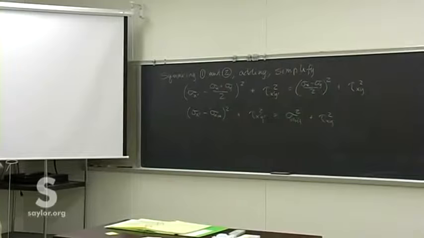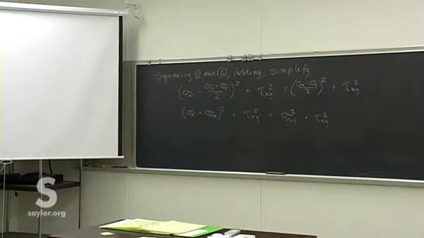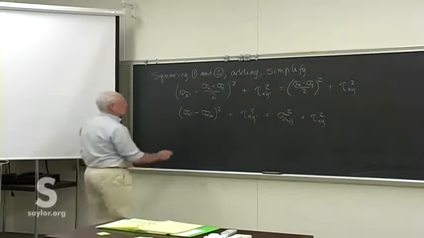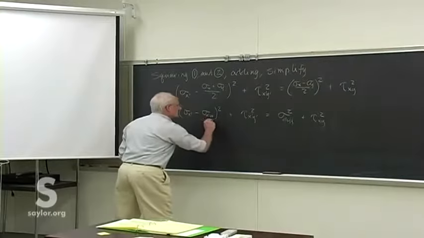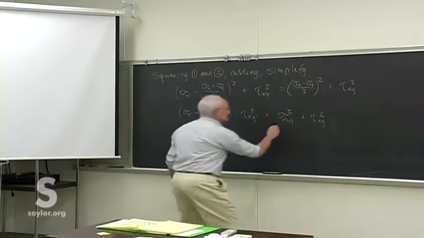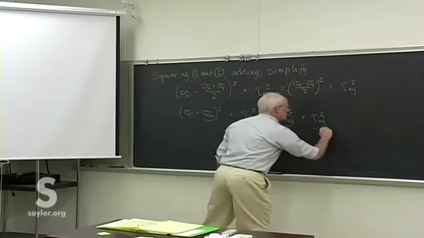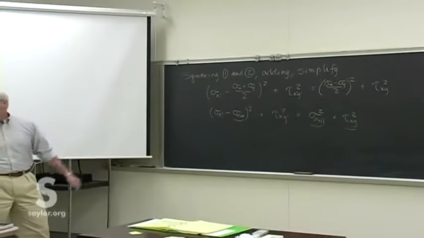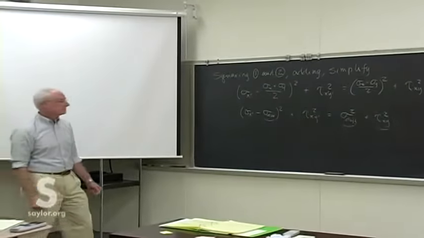All right, everybody got the pieces? Because here's what we do with this. Notice that this term, sigma average, sigma diff, and tau xy, those are all known from the original analysis.